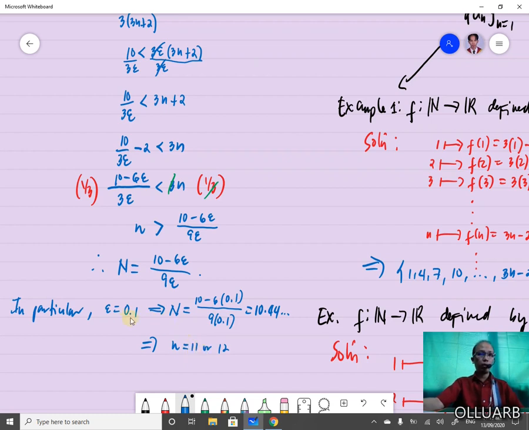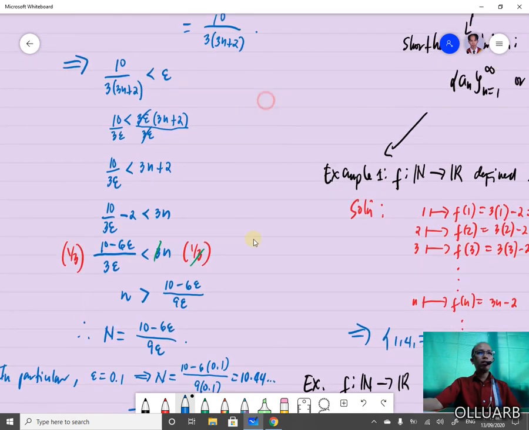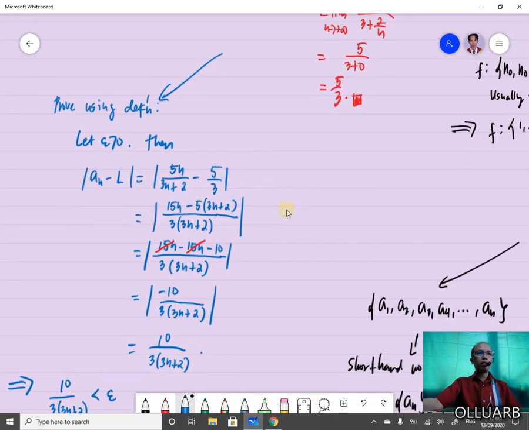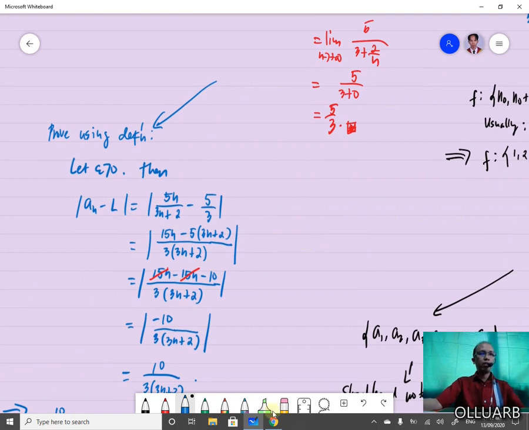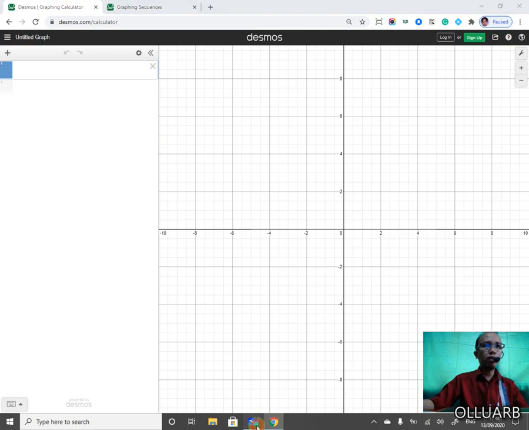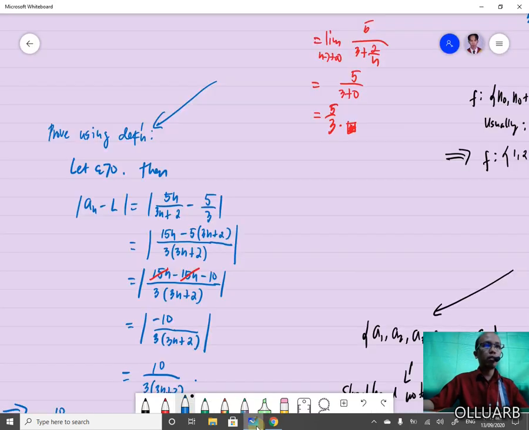If epsilon is 0.1, what if epsilon is 0.2? Then you have another value of n. So what does it mean? Let's try to analyze that using a graph. Notice that our sequence is 5n over 3n plus 2, but we have to replace n by x, and imagine that the graph is only a dot.